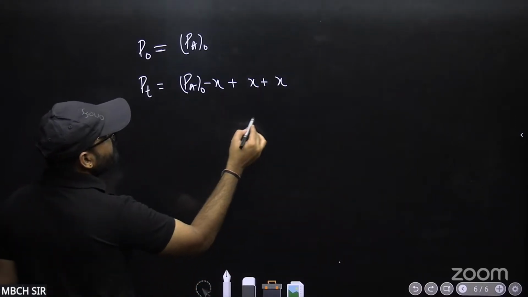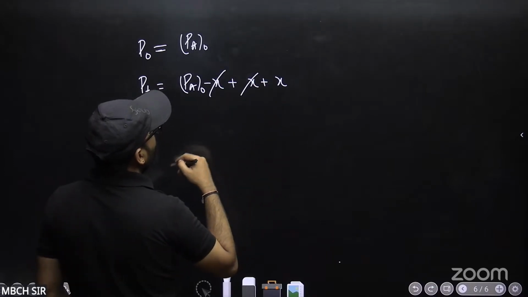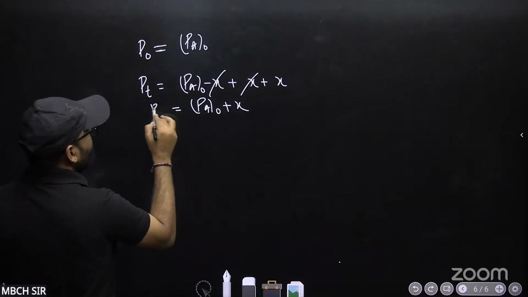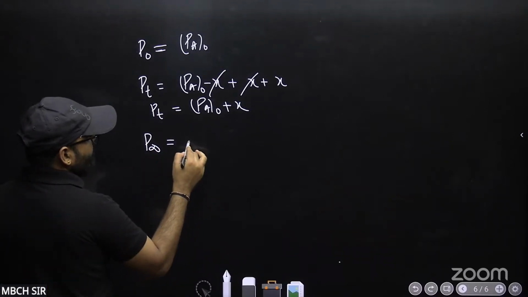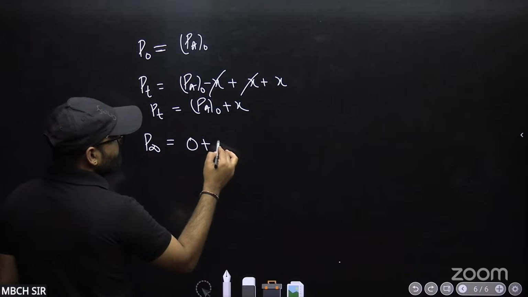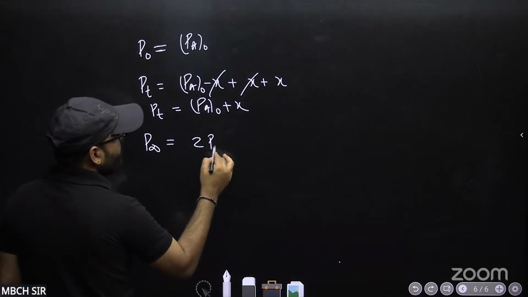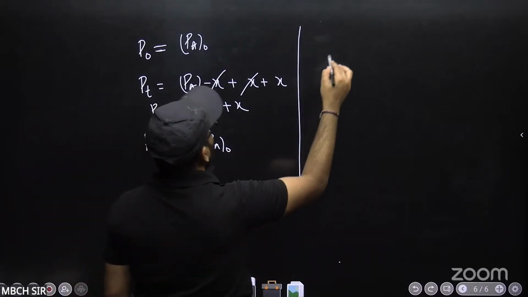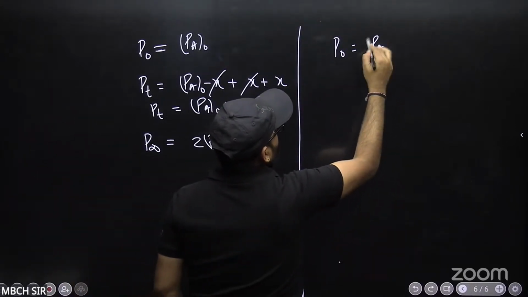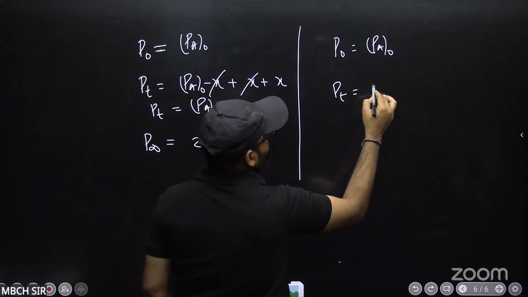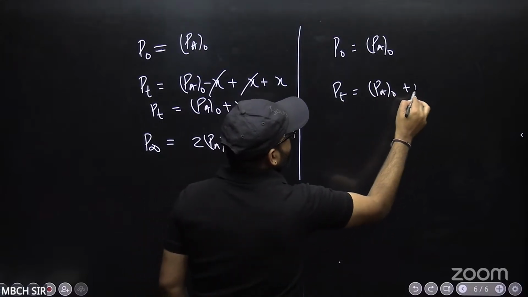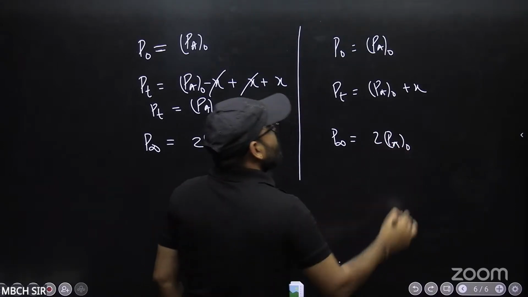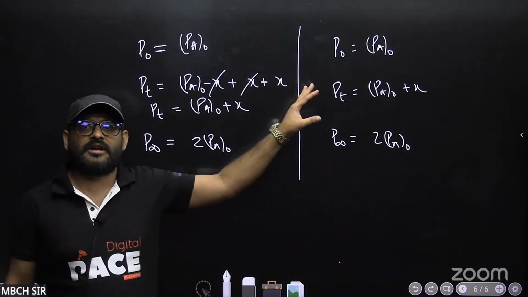Then it equals PA naught plus x. This was Pt. Now P infinite. A's pressure was 0. Then PA naught plus PA naught, it's 2PA naught. So in conclusion, P naught equals PA naught, Pt equals PA naught plus x, and P infinite equals 2PA naught. These are not fixed formulas.